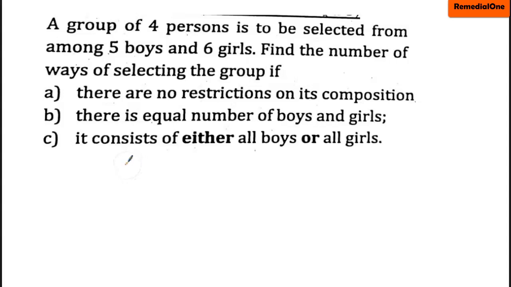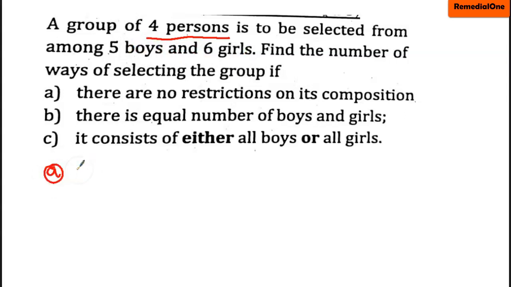Now one thing that you should keep in mind is the nature of the committee that you are going to form. The committee at any point in time should have 4 persons. If there's no restriction, then any of the boys or the girls can be chosen.